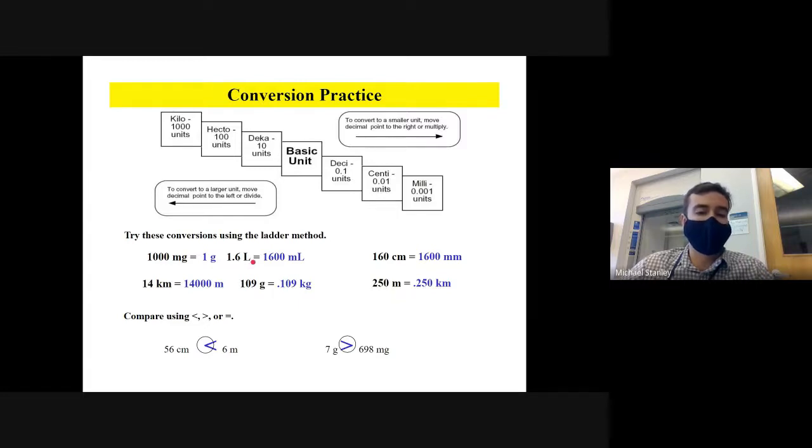There's an empty jump, so that's going to be a 0. And a third empty jump, which is going to be another 0. So we've gone from 1.6, so 1.6 looked like this. Then we moved it 1, 2, 3 to the right, and now it's 1,600 milliliters. So 3 jumps of the decimal place to the right, because 3 jumps from liter to milliliter to the right means that our 1.6 gets converted into 1,600 milliliters.